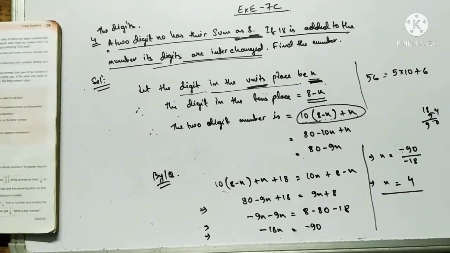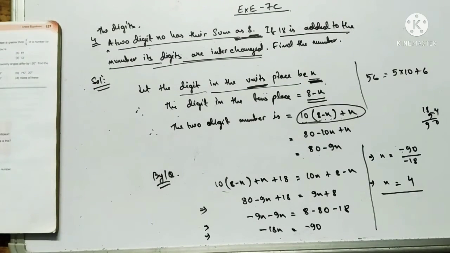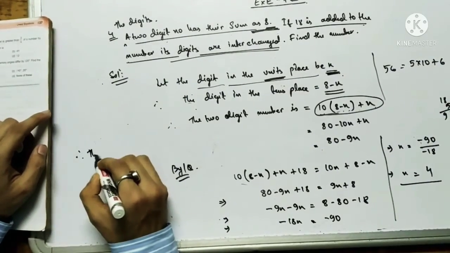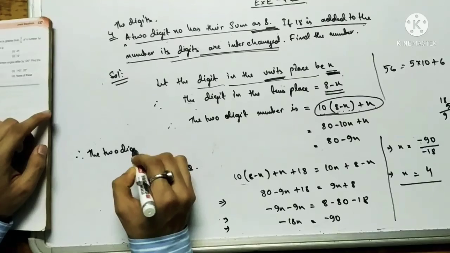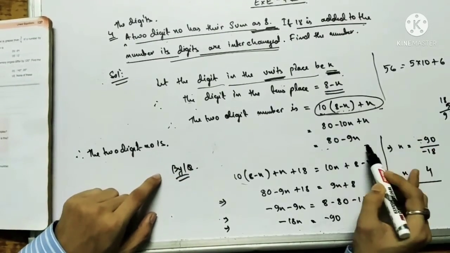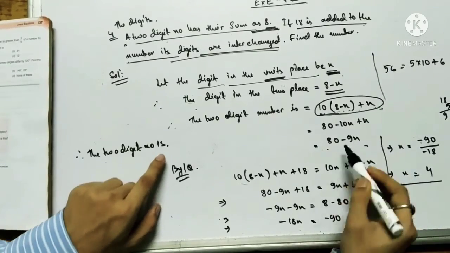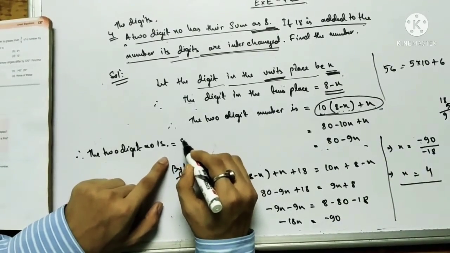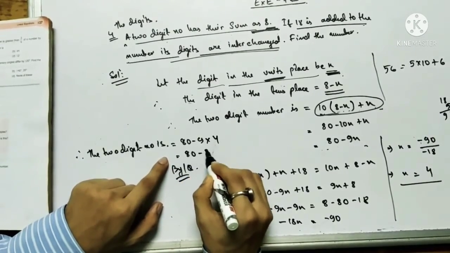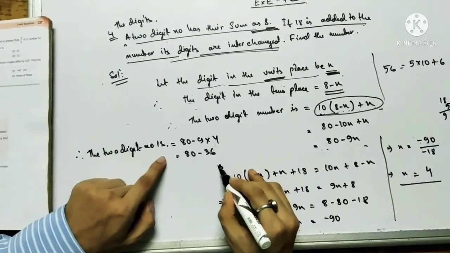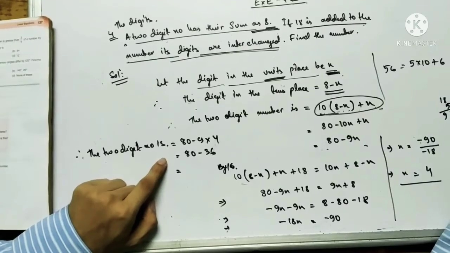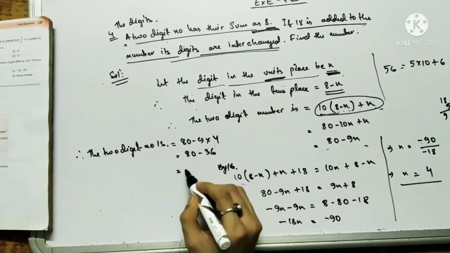Okay. So therefore, at last, I can write the last line: the two-digit number is, whether you put the x value in this equation or in this equation, you will get the same answer. If I put it in this equation, the two-digit number is 80 minus 9 into 4, so this gives me 80 minus 36, which will be 44.